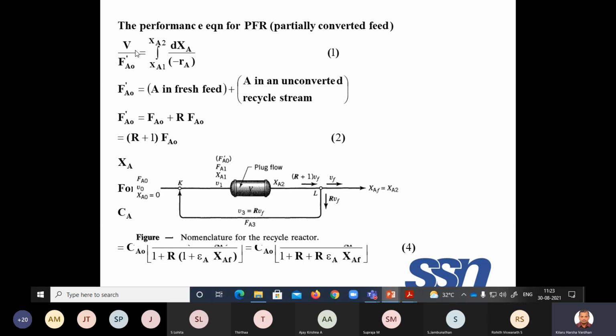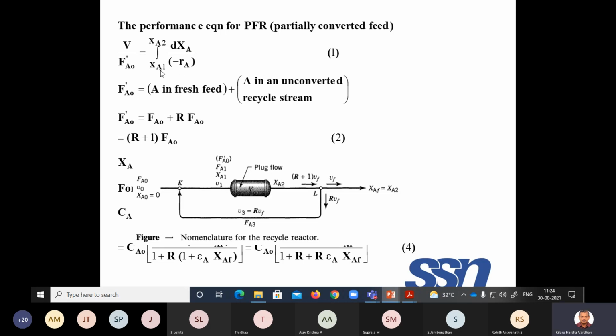Either you can write in terms of taus or in terms of the volume. V by Fa naught dash is the integral of conversion from XA1 to XA2, dXA by minus rA. This is what we can write.